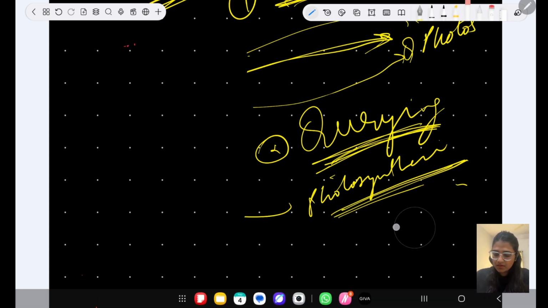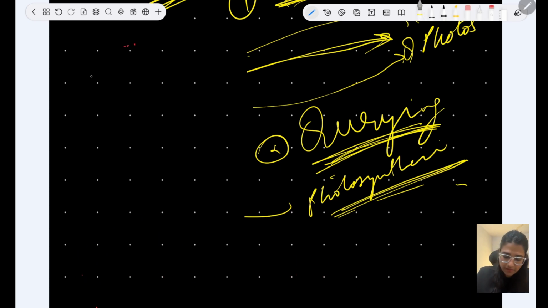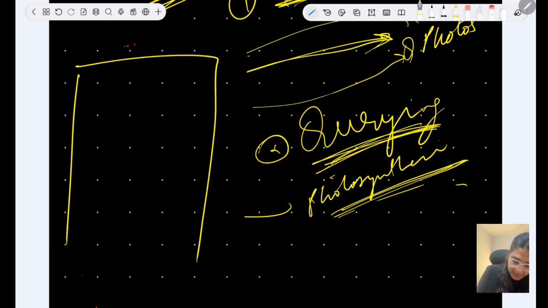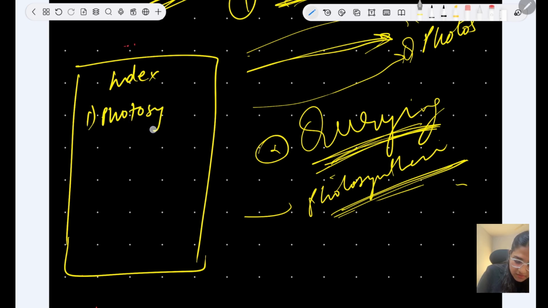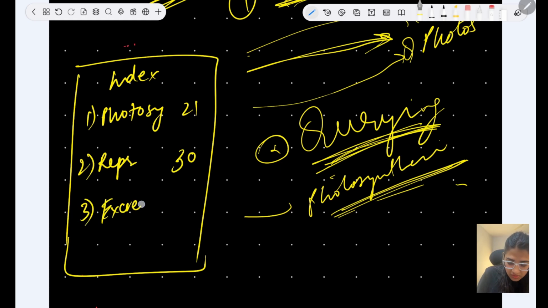I think I can explain it in a better way. So in my index, let's say photosynthesis is on page 21, plant reproduction is on page 30, and plant excretion is on page 50.